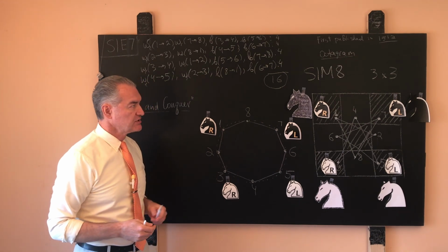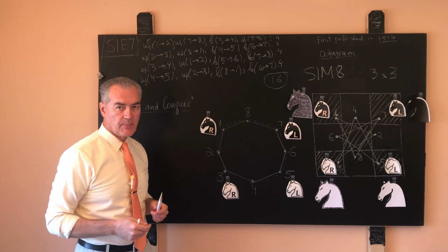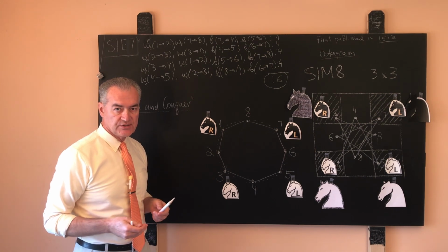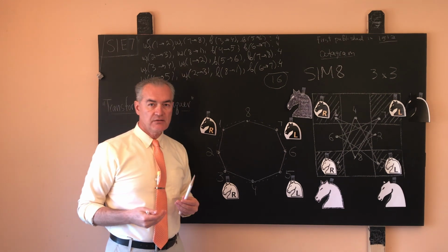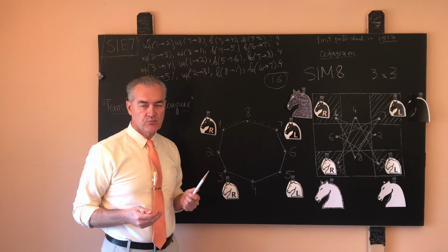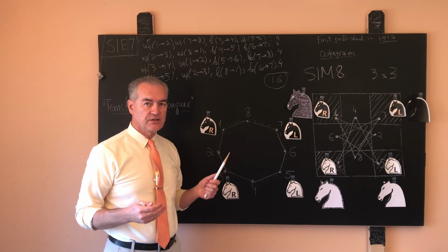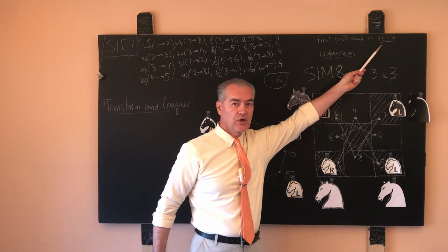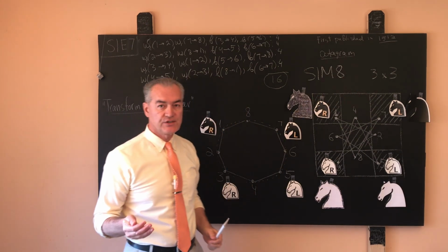Now, this problem is actually quite interesting and quite beautiful for at least 2 reasons. The first such reason is historical. According to my fact-checking capabilities, the first time that this problem was published, at least in the Western literature, was in the year 1512. That is more than 500 years ago.